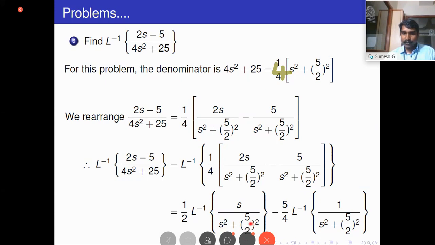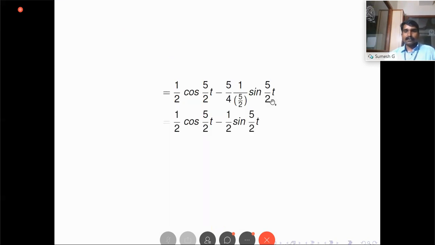Here a is 5 by 2. Inverse of 1 by s square plus a square form is 1 by a sin at. In this case, a is 5 by 2. So this is the answer. Next question, please.